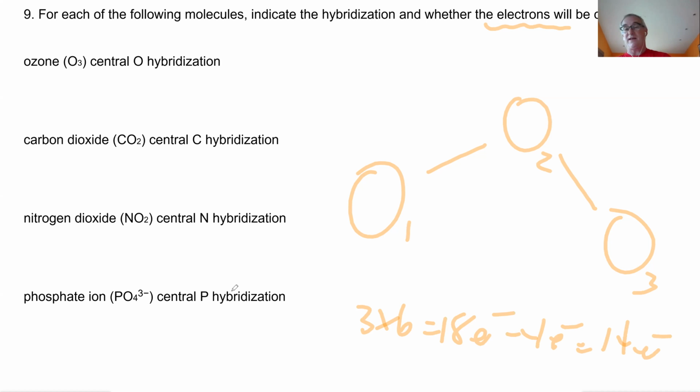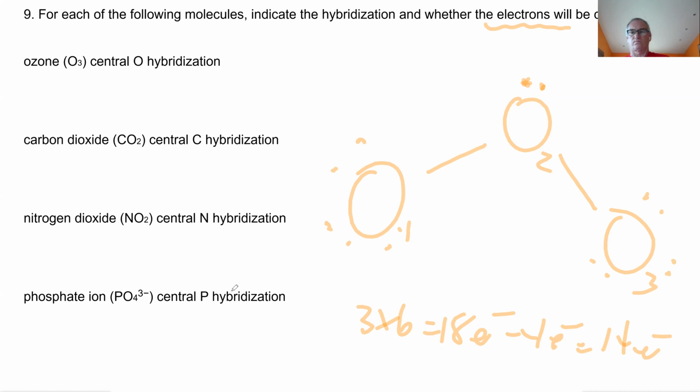We give everybody on the outside a full octet. And then if there's any electrons left over, those go in the middle. So that's definitely a good way to start. So 1, 2, 3, 4, 5, 6, 7, 8, 9, 10, 11, 12. And I have 2 left, so those go in the middle.